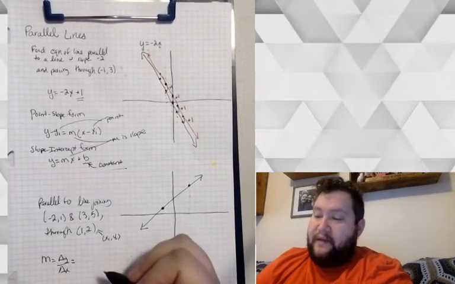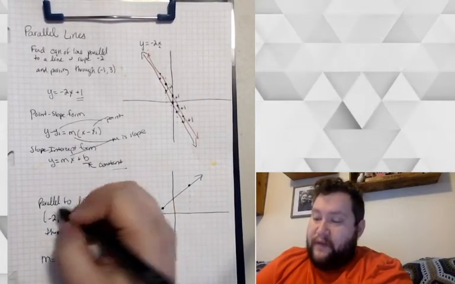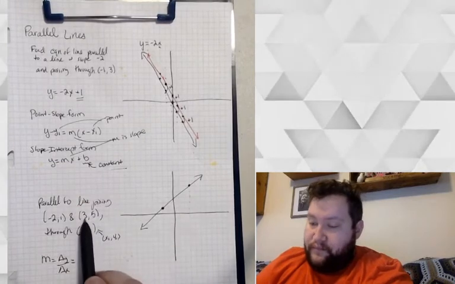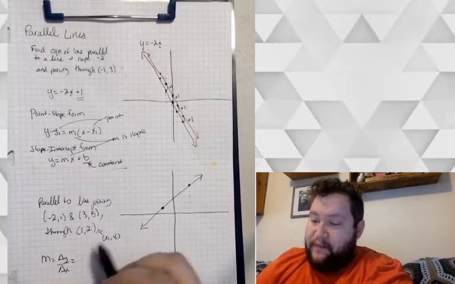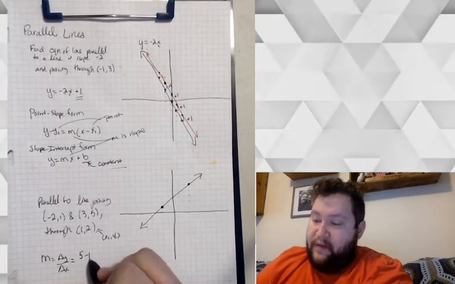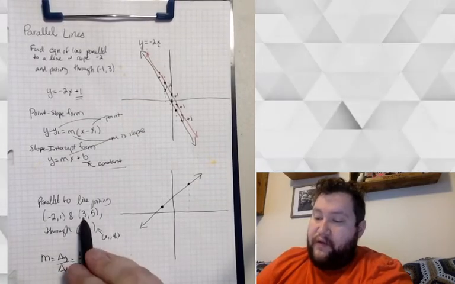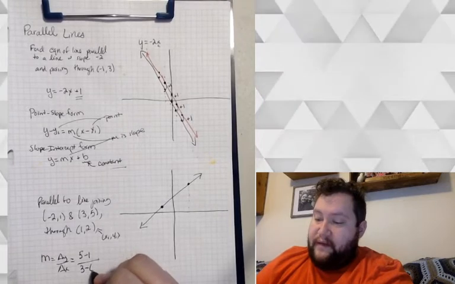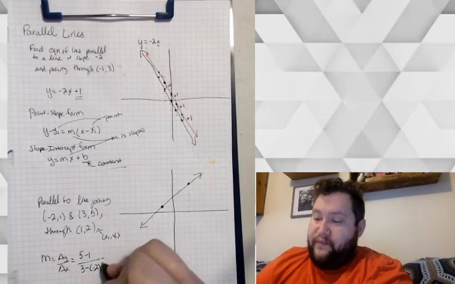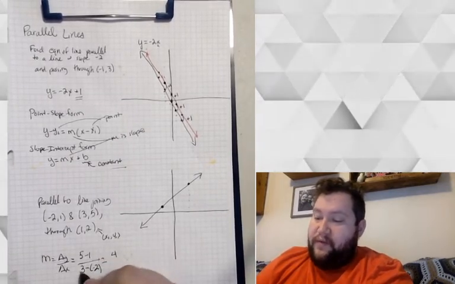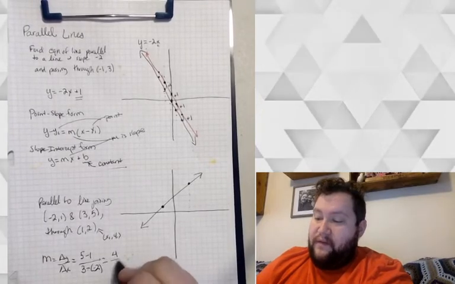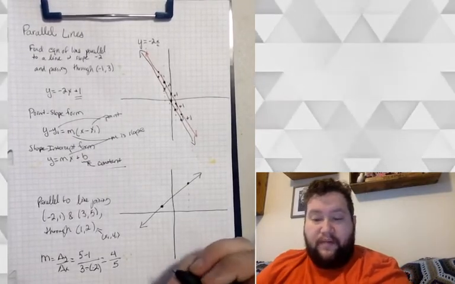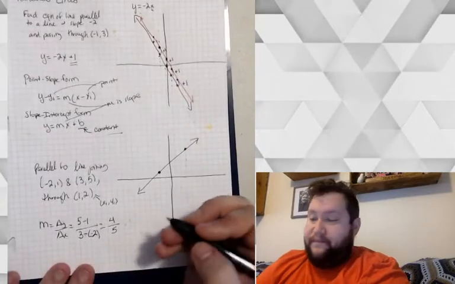And here we get 5 minus 1, over 3 minus a negative 2. So 5 minus 1 is 4. 3 minus negative is plus 2, 5. So our slope is 4/5.